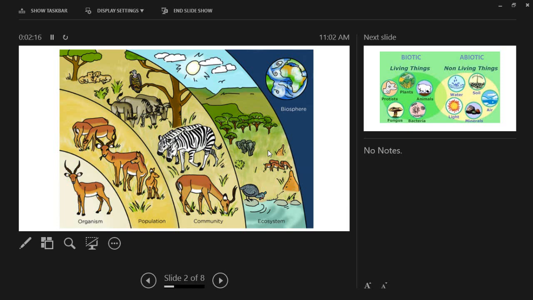Now, we've got living stuff and non-living stuff. The living stuff is called biotic. Bio means living, life. So, all of the living stuff is the biotic factors, and all of the non-living stuff is the abiotic factors.